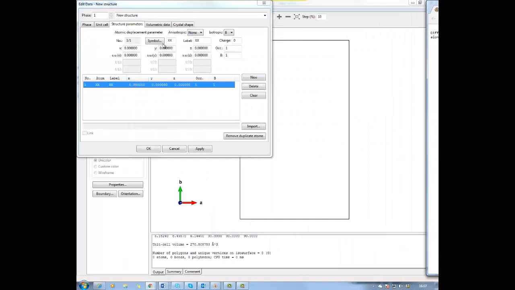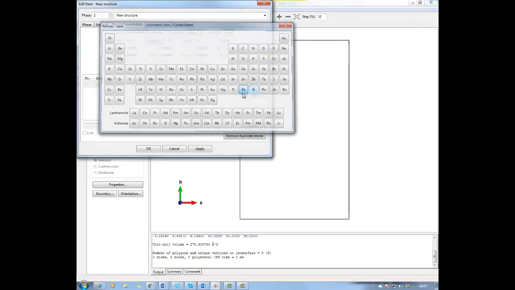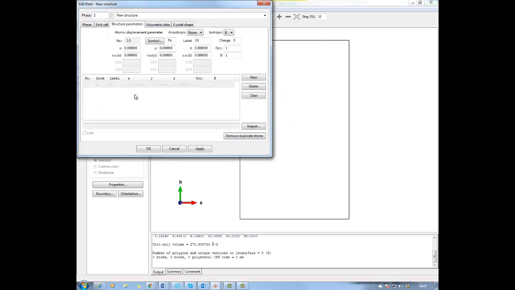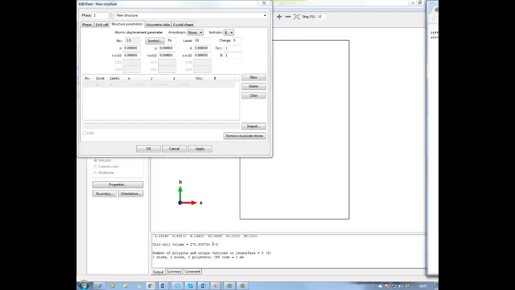So we're going to find the symbol Pb. So the symbol is lead, and we're going to do X. I think I'll just copy and paste if that works.